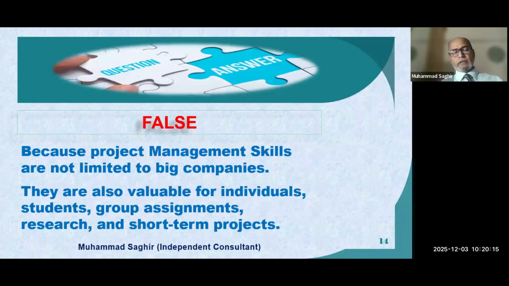So it is false to say that project management skills are only required for big companies. No, they are also valuable for individuals, students, group assignments, research, and short-term projects.